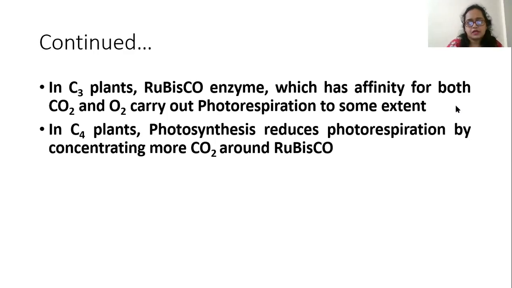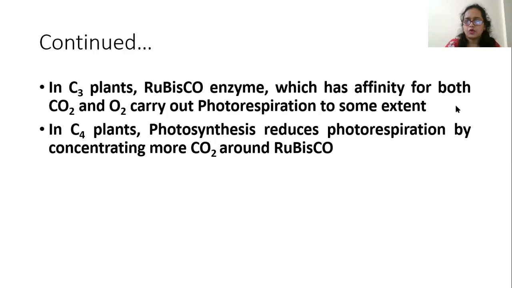While in C4 plants, photosynthesis reduces photorespiration by concentrating more carbon dioxide around Rubisco. So this is one advantage of C4 plants, that they do not allow photorespiration to go on inside them.